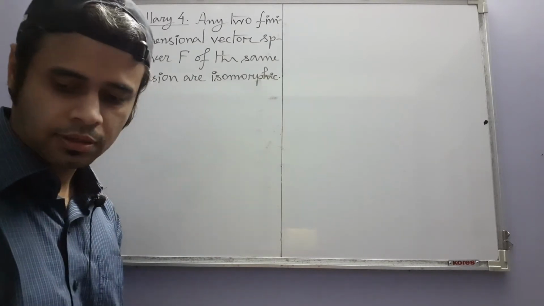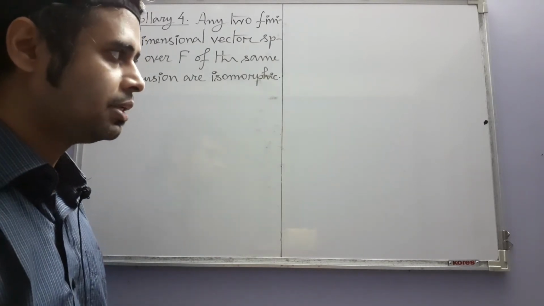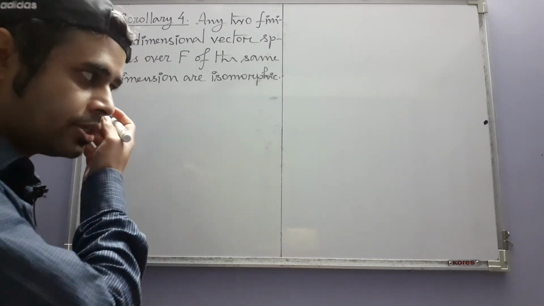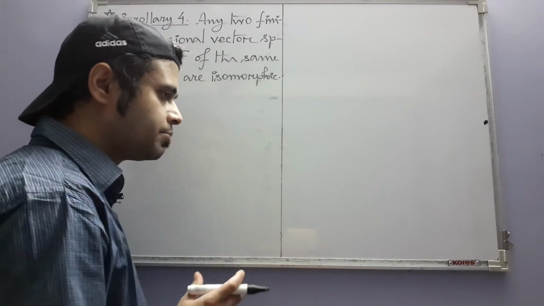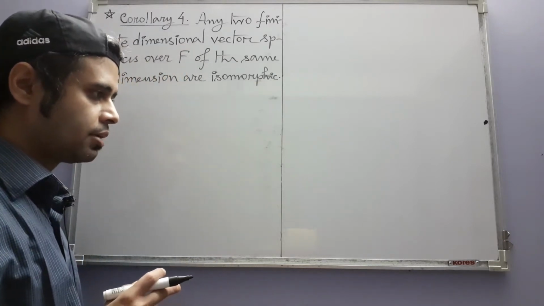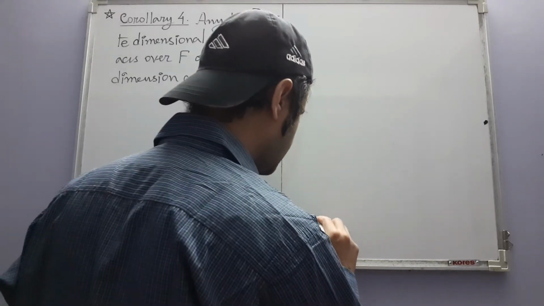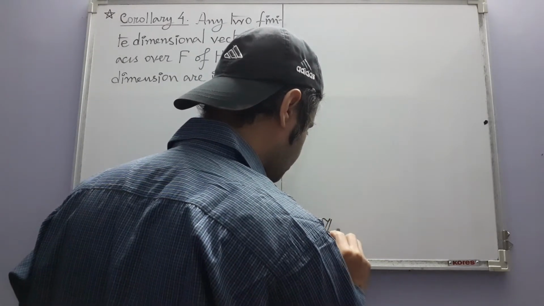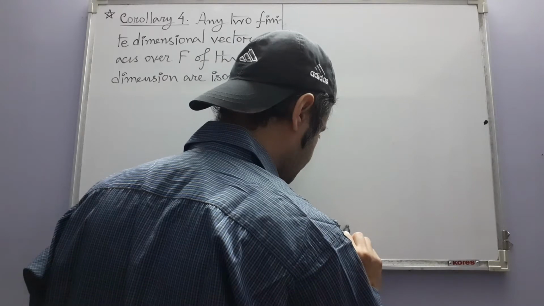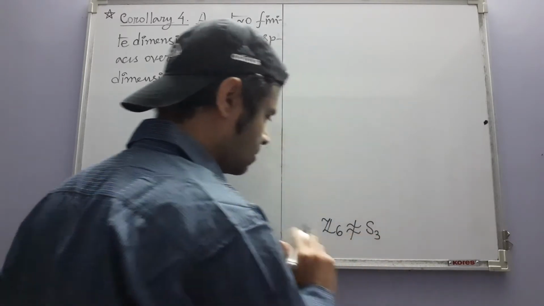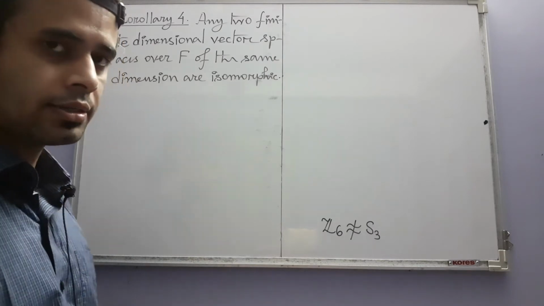This is quite unlike what we have, for example, in group theory. In group theory, two groups having the same order does not guarantee that they have to be isomorphic. One simple example of that fact is these two groups, Z6 and S3.